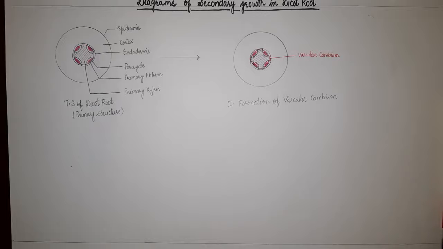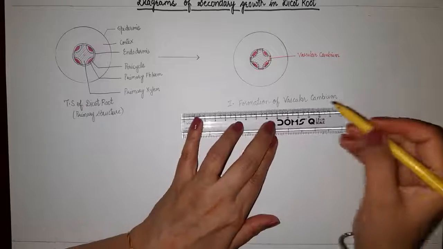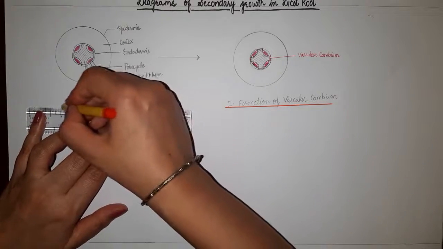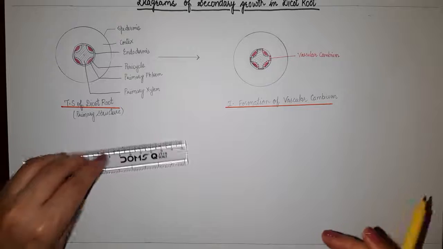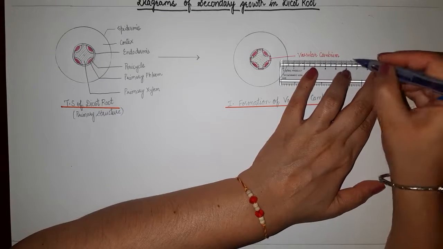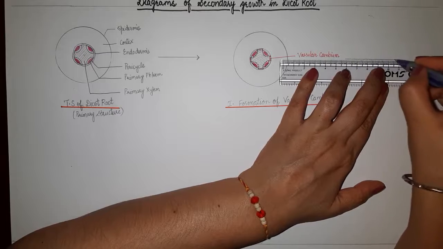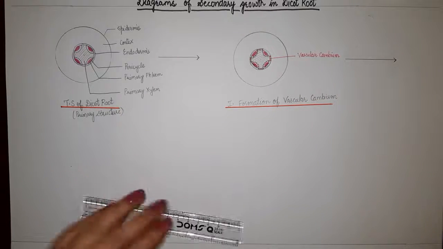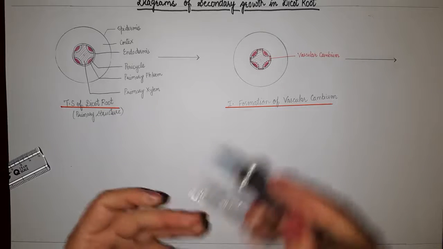Now, the next step will be the activity of vascular cambium. That step will be in continuation. Now, we will increase the diameter. Okay.